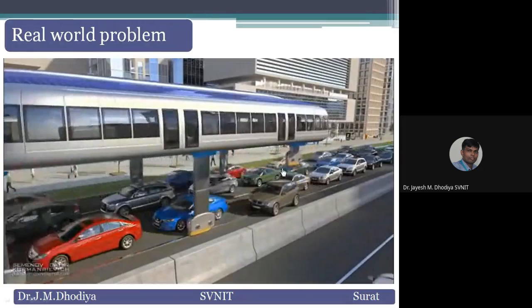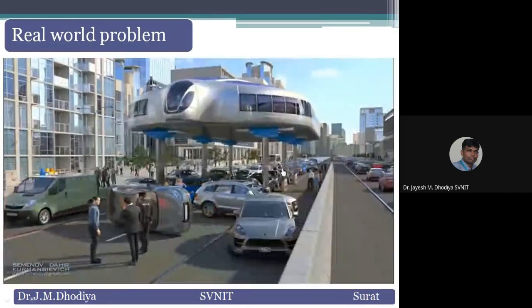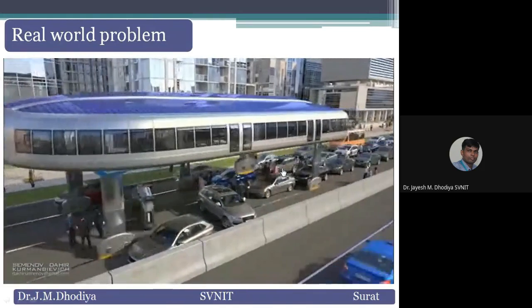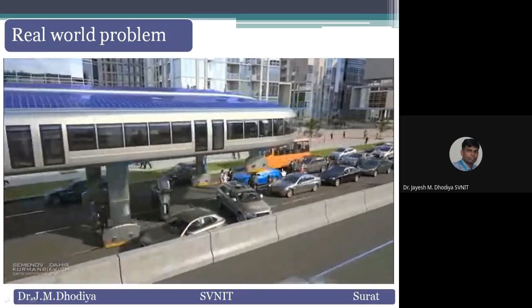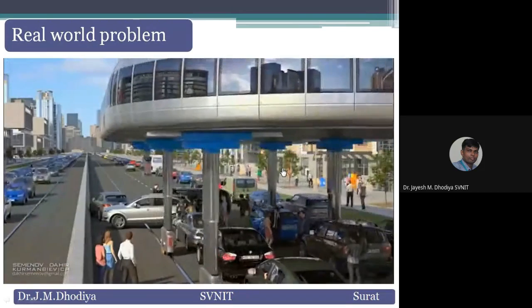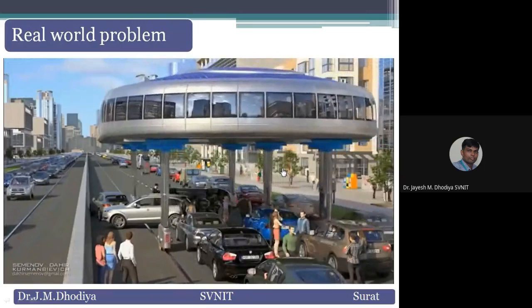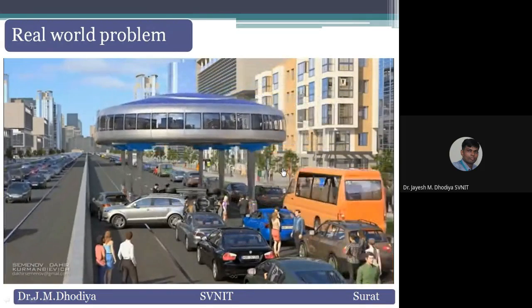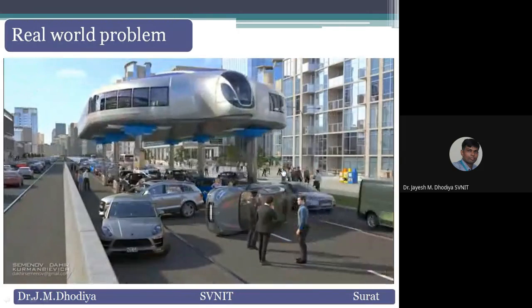Out of them, one model is already developed in China in a 10-kilometer range. This system exists, but in this way we can avoid several other transportation issues by using such kind of intelligent transportation. This is the simulation model that people developed.